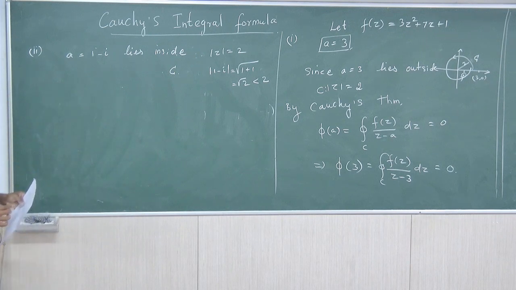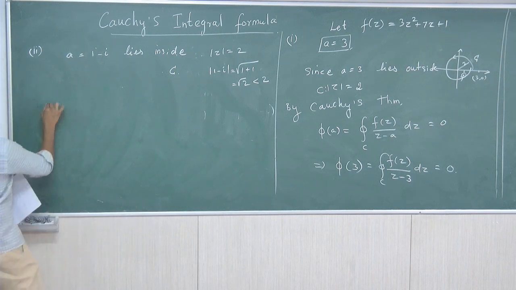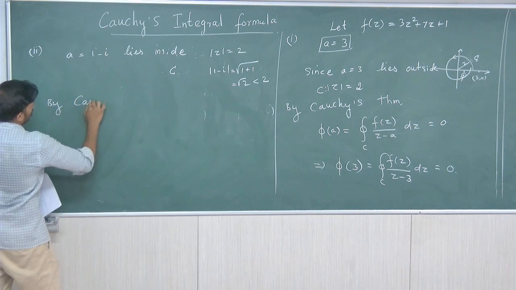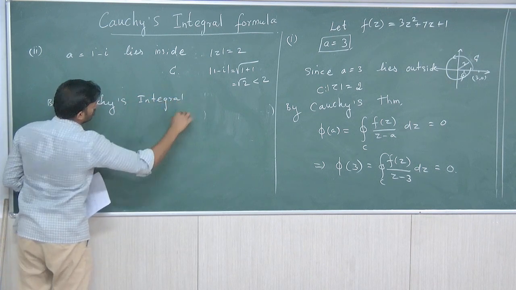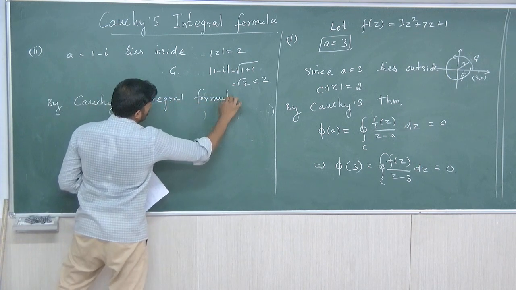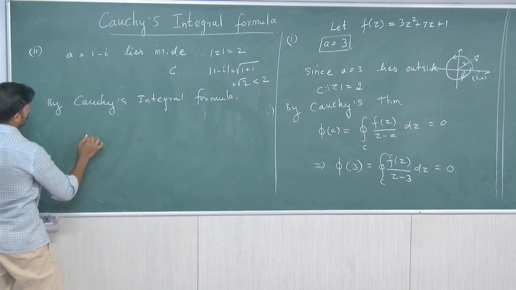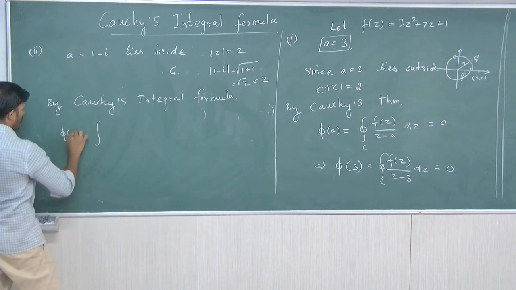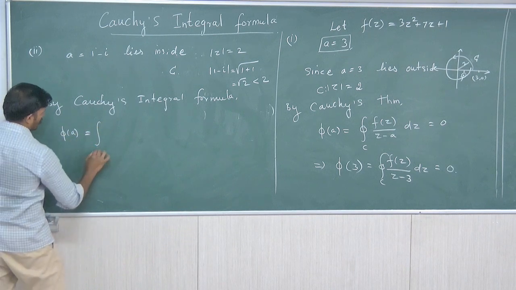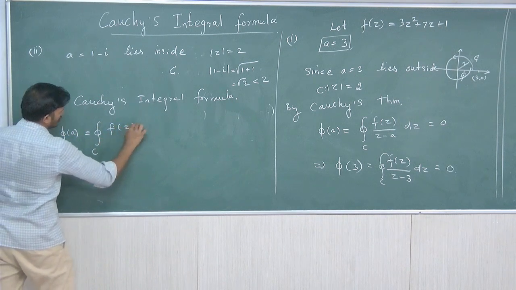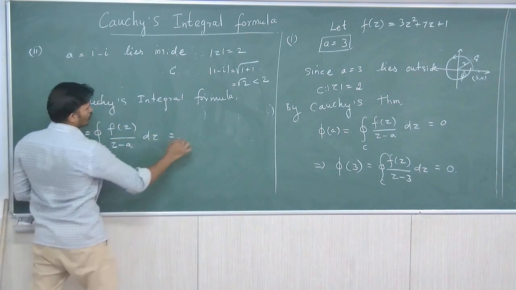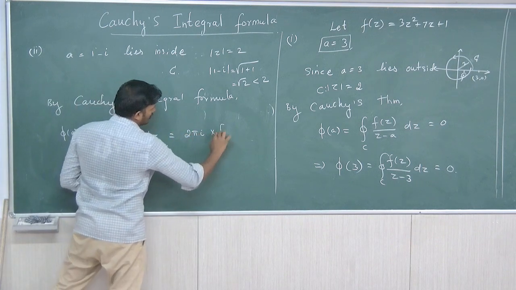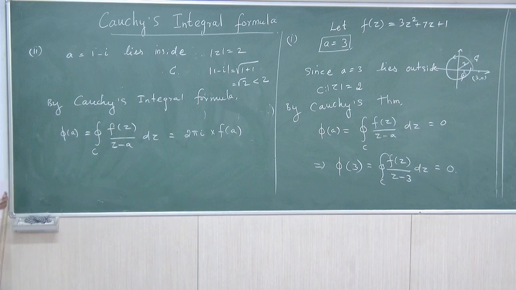Now by using Cauchy's integral formula, you can get, already we have taken phi of A is integral over C f of z divided by z minus A dz equal to 2 pi I into f of A, right?